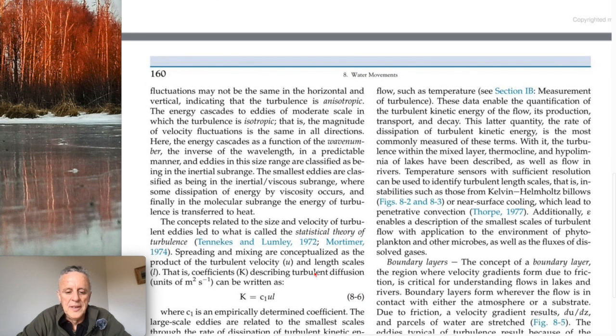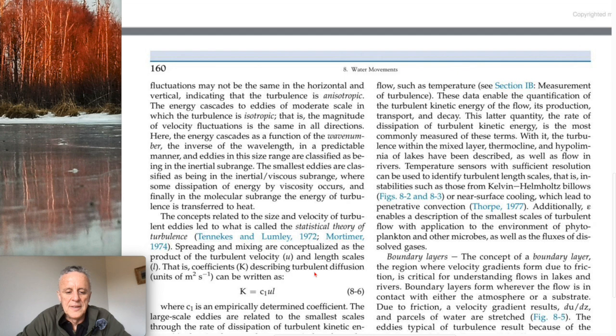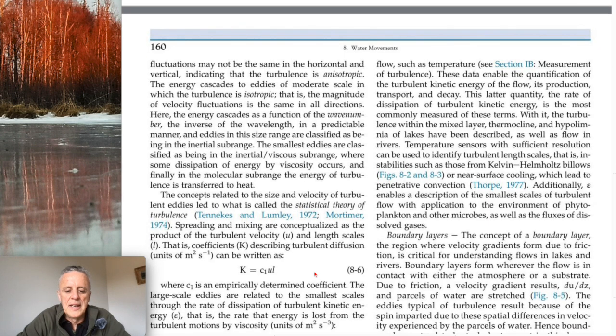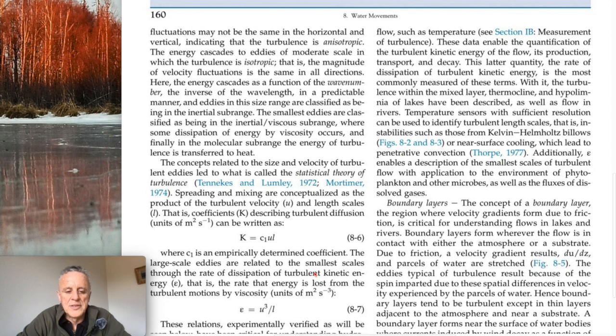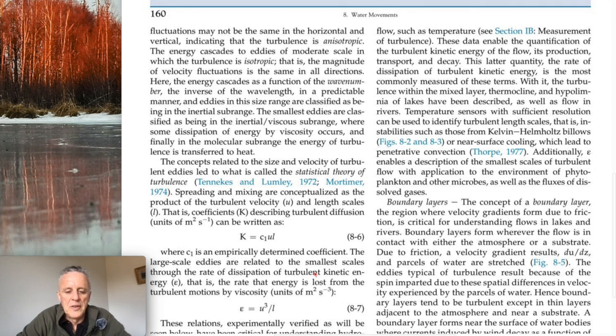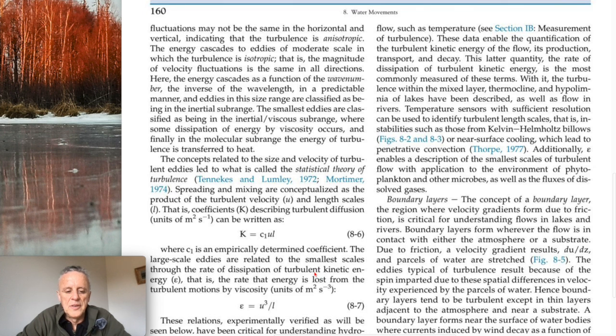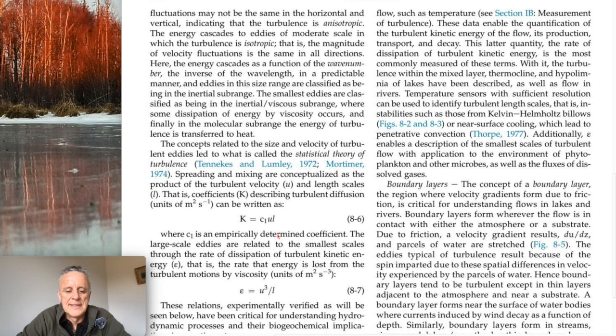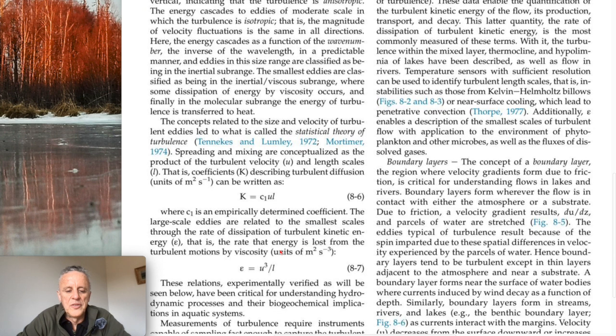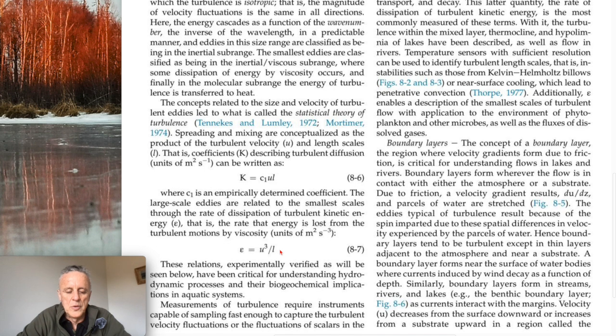The concepts related to the size and velocity of turbulent eddies led to what is called the statistical theory of turbulence. Spreading and mixing are conceptualized as the product of the turbulent velocity u and length scale L, that is, coefficient K, describing turbulent diffusion, units of meter squared per second, can be written as K equals C1 UL, where C1 is an empirically determined coefficient.